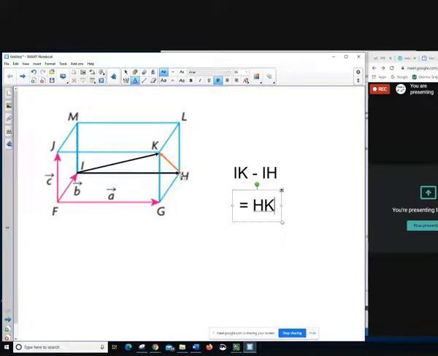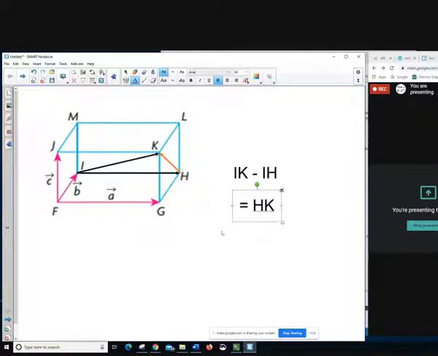So can you see that I can do vector HG plus vector GK to get this resultant vector? Well, what is vector HG? It's just negative b. And what's vector GK? It's just vector c.